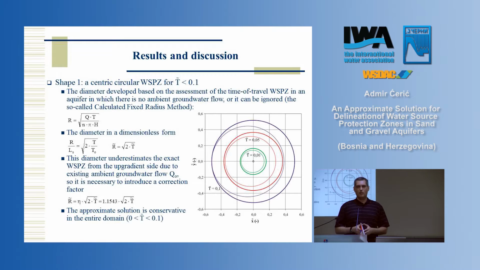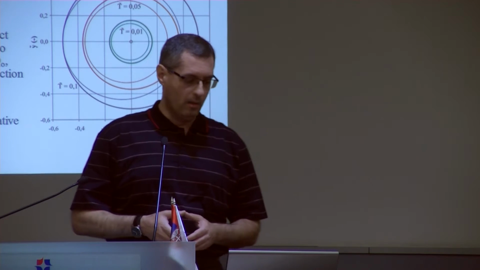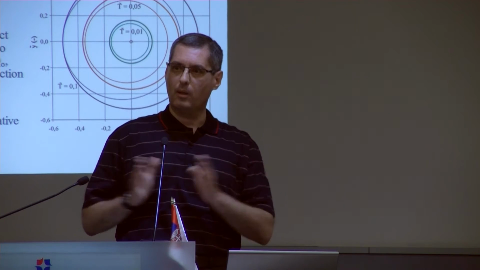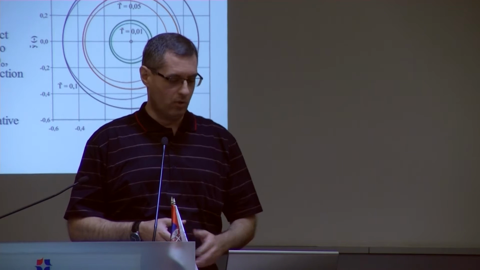So in order to have a conservative solution, there has to be a correction factor, which is this numerical value 1.15 something, which actually gives a fully protective water source protection zone for any T tilde dimensionless residence time smaller than 0.1, which is the range that we consider in order to establish a circular centric water source protection zone.